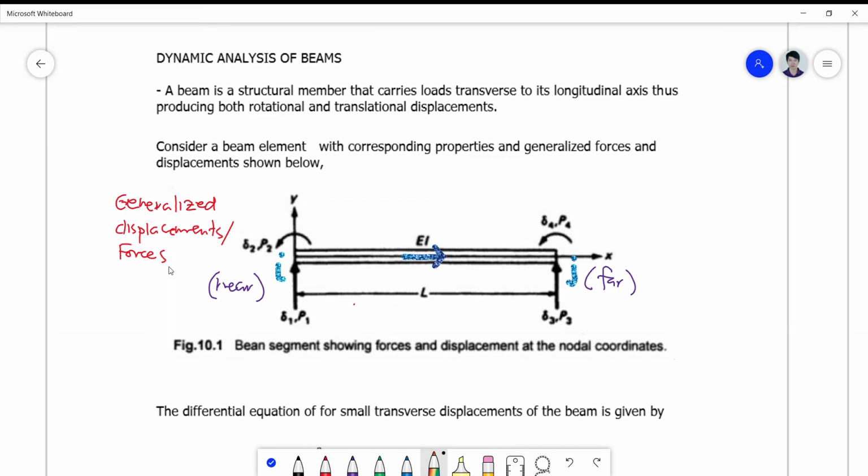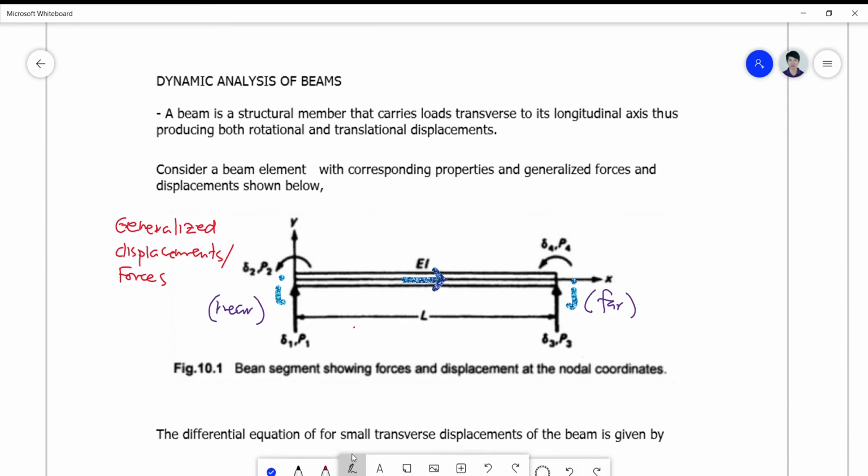And the first thing we have to take note of in this dynamic analysis is, of course, how to compute for your stiffness K. So the problem is on the K value, which you will be using in your differential equation of motion.